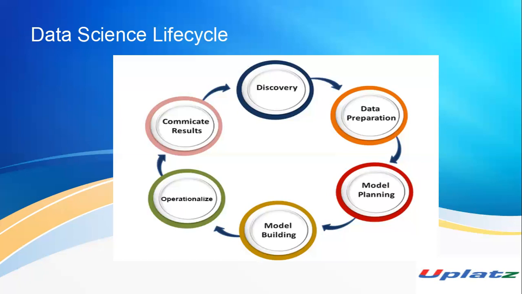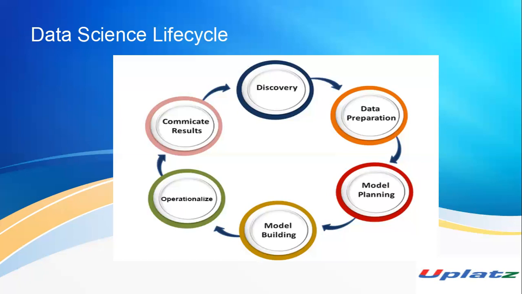Okay, then the second phase is data preparation. So it's also known as data munging. So in this phase, we need to perform the tasks such as data cleaning, data reduction, data integration, okay, data transformation.